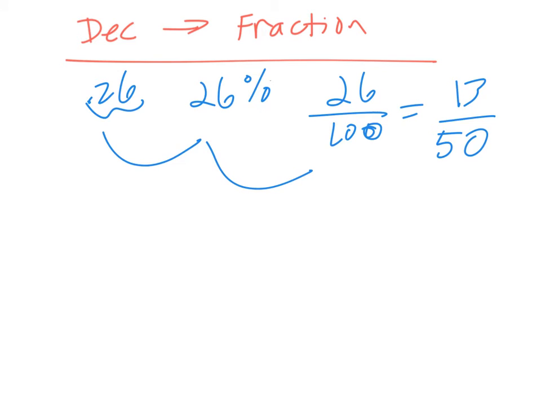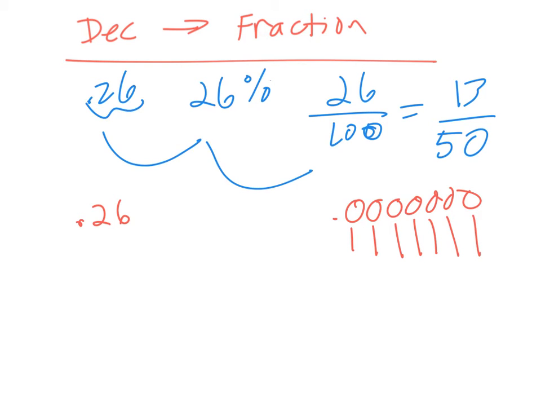A shortcut way of really thinking about it is you don't say 0.26. That's not the rules. You say 26 hundredths. Remember all your decimal places: tenths, hundredths, thousandths, ten-thousandths, hundred-thousandths, millionths, ten-millionths, so on and so forth. So you say 26 hundredths.